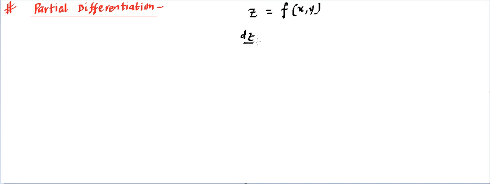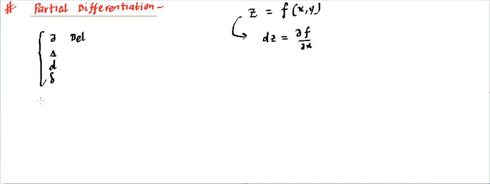So for that, if we differentiate it, it is written as simply dz, which is going to be equal to del f upon del x. So we will be writing del upon del. This symbol is read as del. It's also related to delta, just like this. This is called delta, and this is called d, and this is another symbol like this.